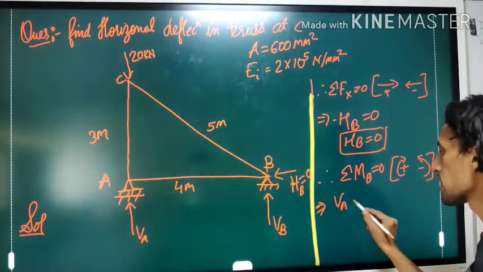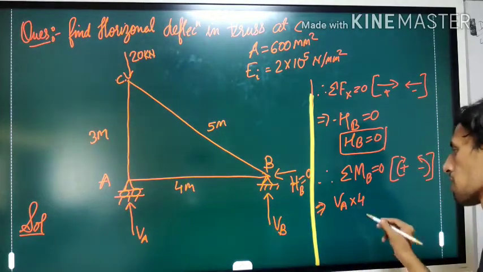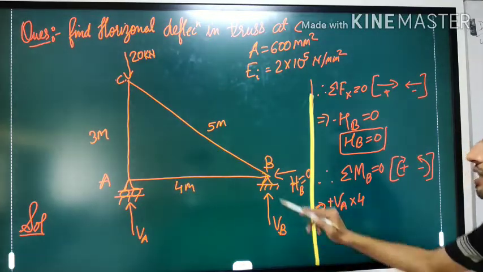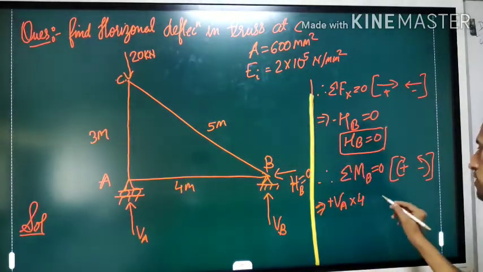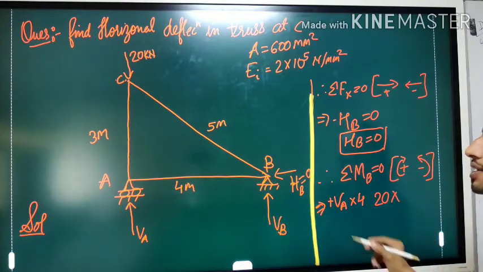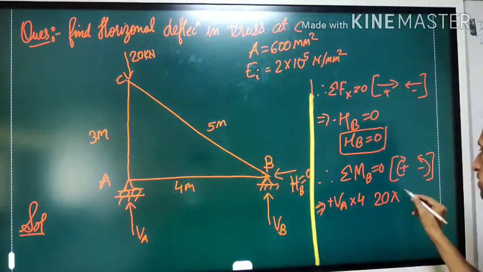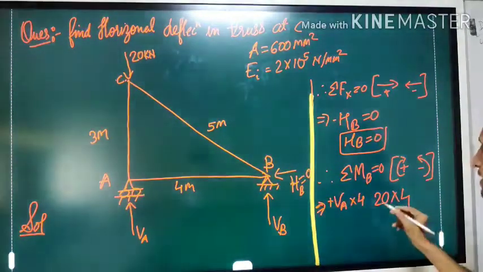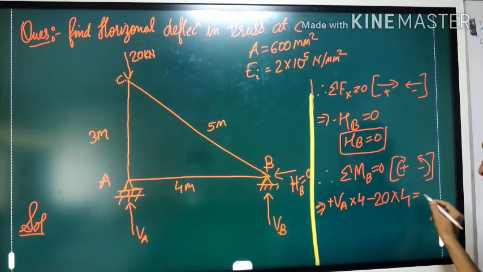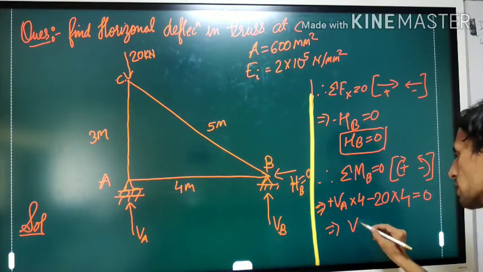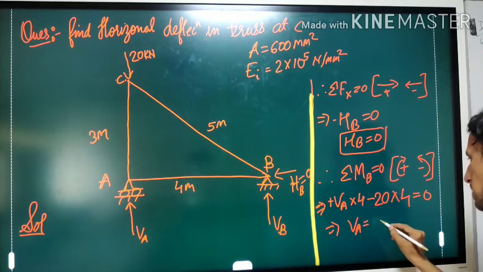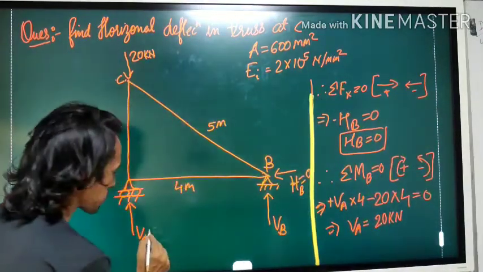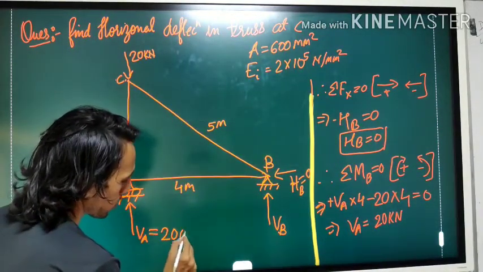So VA perpendicular distance 4. What is the direction? It is clockwise, so positive. Then what is the next force? 20 kilonewton. Perpendicular distance again 4. What is the direction? Like this up to B, so anti-clockwise, so minus, is equal to 0. From here you can find out that VA is nothing but 20 kilonewton. So the value of VA comes out to be 20 kilonewton.